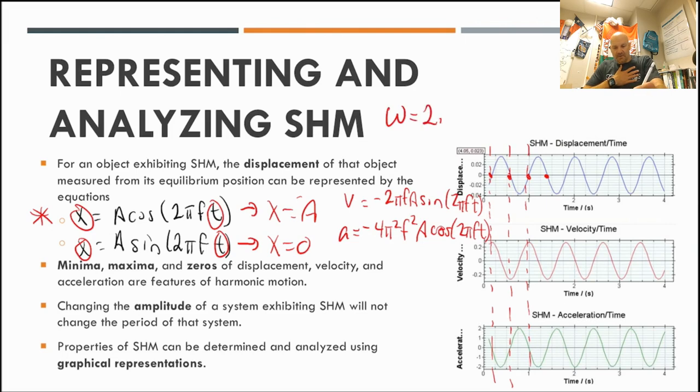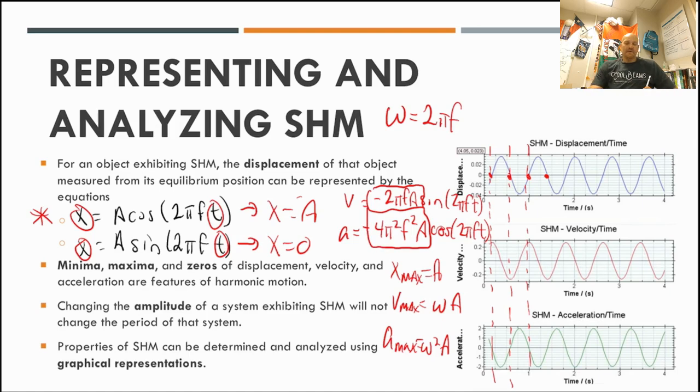And remember, omega is 2 pi f. So if you want to shorten what that would look like, you could just write omega. And so you end up with x max is A, v max is omega A, a max is omega squared A. Okay, and that's where all of this kind of comes into play.